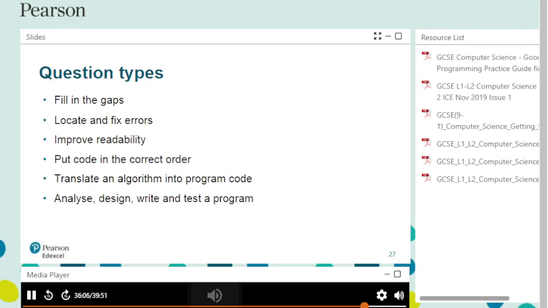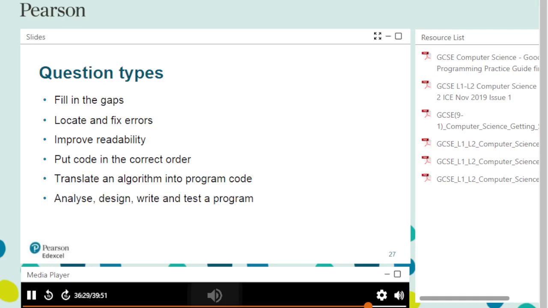A range of question types are used. Questions in the early part of the paper will require candidates to follow instructions to write lines of code and fix errors. Questions further on in the paper are likely to involve converting a given algorithm into code, putting lines of code in the right order, and improving readability.